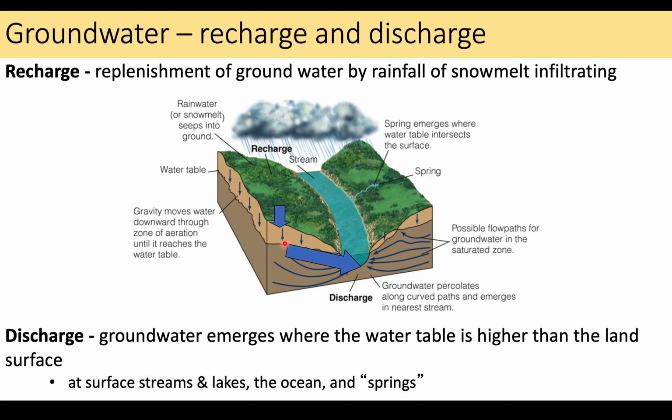So our water table is beneath the surface of the earth here on this hill. So we have recharge when water falls. The water table is above the surface of the earth here in this stream valley. So the water from the groundwater is going to fill in this stream.